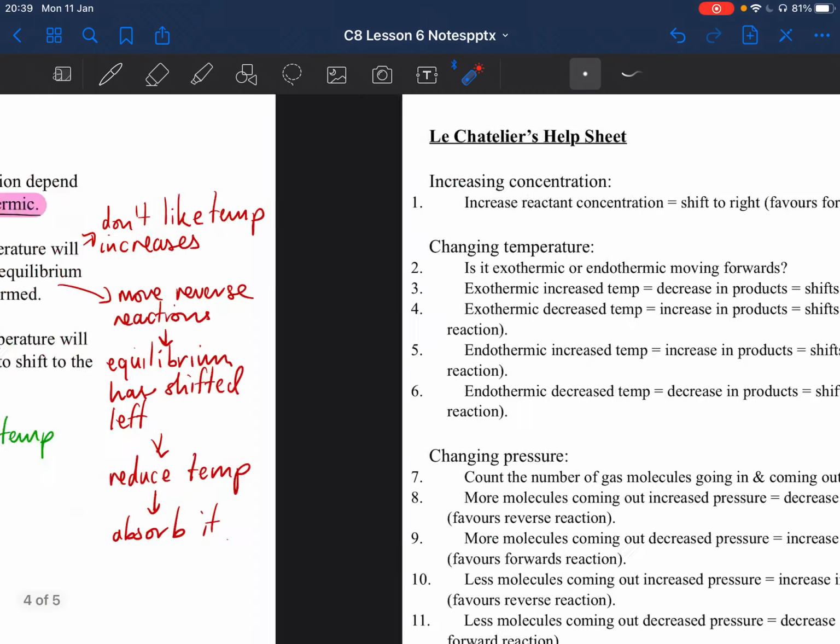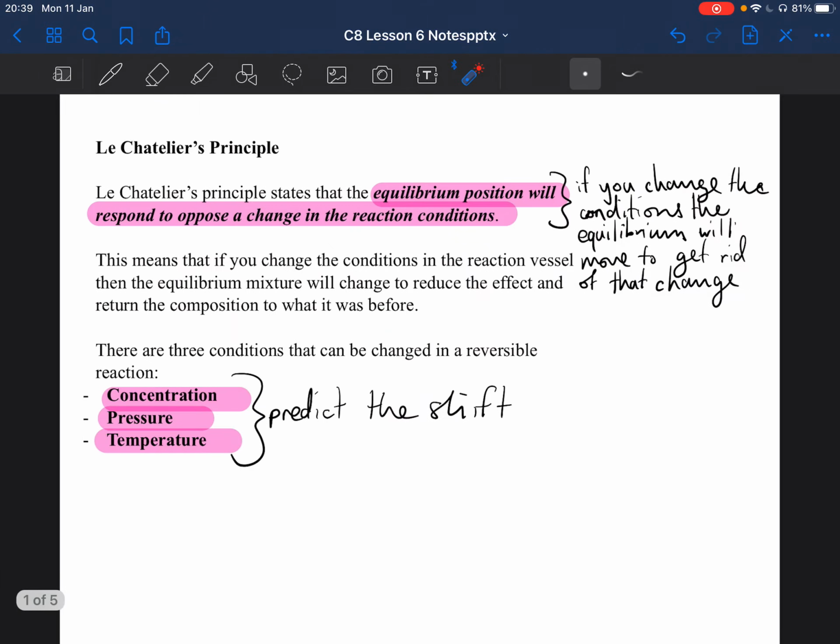So remember, we've got three things that affect the position of the equilibrium. Concentration: the equilibrium will shift to reduce the increase or increase the reduction in a particular concentration. So if you increase the concentration of the reactants, it will shift right to favour the forwards reaction and make more product, which will decrease the concentration that you increased in the beginning.